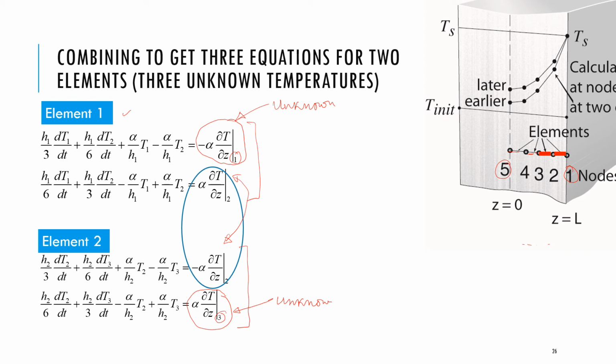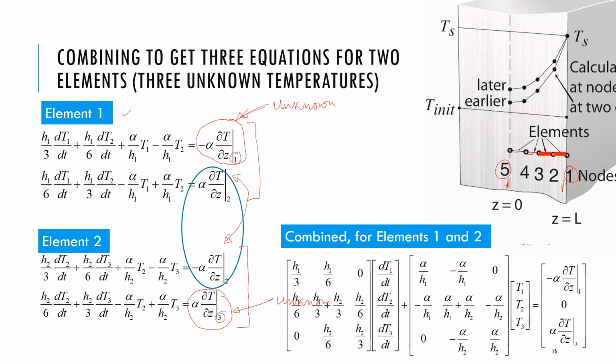Coincidentally, we have not even used boundary conditions so far. So we will use the two boundary conditions here and here to evaluate these two unknowns. Those are the ones that we need the boundary conditions for, for this two noded element.